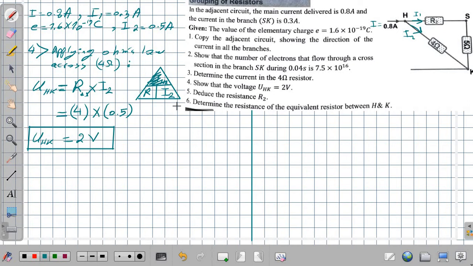ننتقل للسؤال الخامس. Deduce the resistance R2. كلمة deduce معناها حنعتمد على question number 4. بالquestion number 4 نحن طلعنا ال UHK يلي هن terminals لل 4 ohm و also هن terminals لل grouping for R2 and 5 ohm. ففيني اقول انه ال HK هي also UHK هي UHS plus USK.